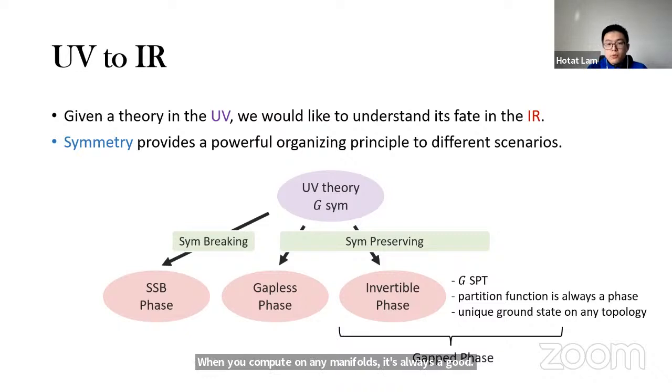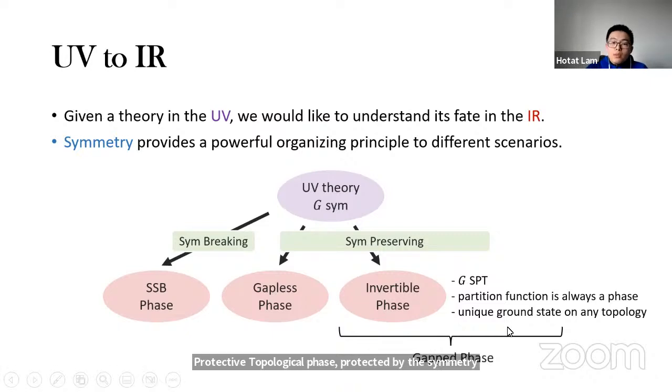In particular, if we place this theory on a spatial manifold, we find that it always has a unique ground state, independent of the topology of the spatial manifold. In condensed matter language, because the symmetry G is preserved along the RG flow, one can also think of this invertible phase as a symmetry-protected topological phase protected by the symmetry G.